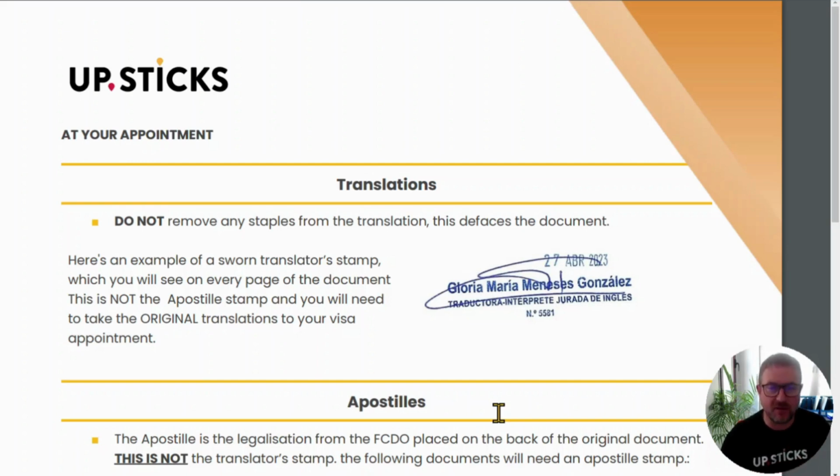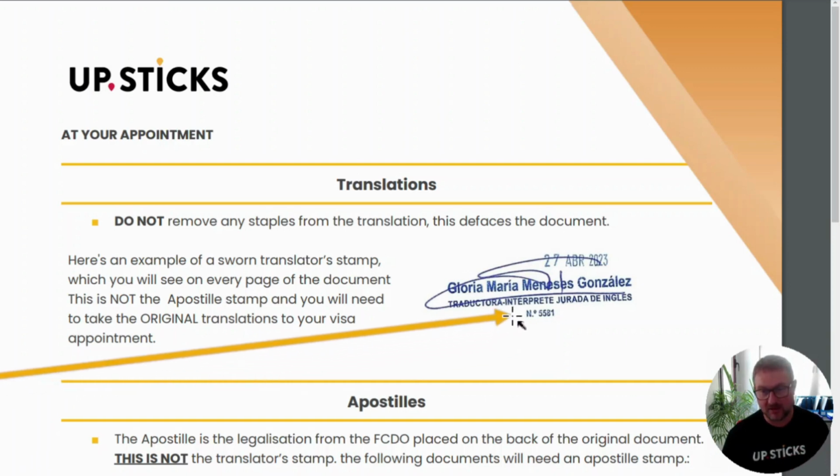Now, it's very important that the translations are completed by a sworn translator. Here you go, sworn translator. And they must come with the sworn translator stamp. Now, it's very important, extremely important, that the stamp has this, the translator's registration number on it. So it has to be a translator who is registered to operate under Spanish law.